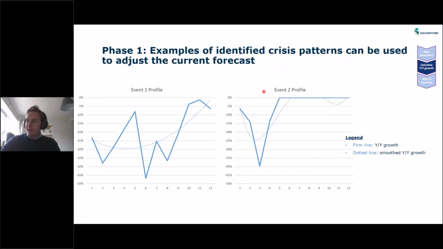In another type of event, we can see it's going down very steep, but going up very fast as well. So these are 2 kinds of profiles we got out of this analysis. And this is quite interesting to make scenarios like, what would happen if during Corona we'll have this kind of pattern?